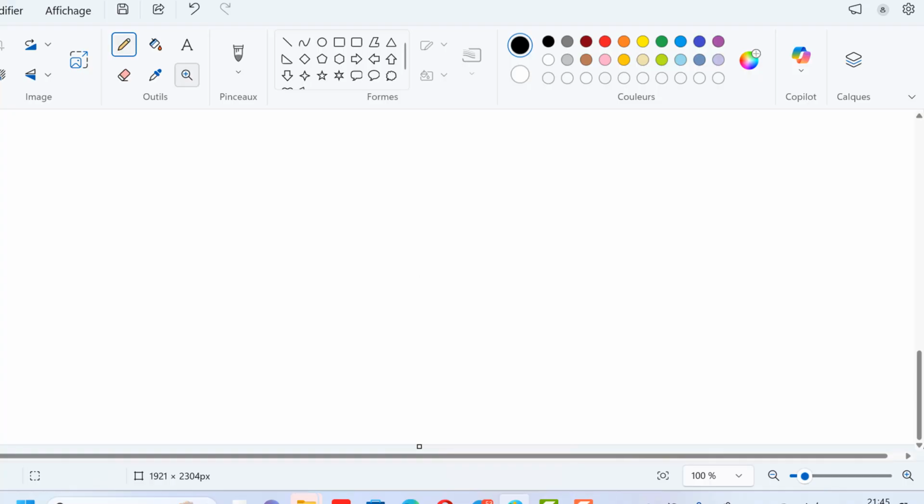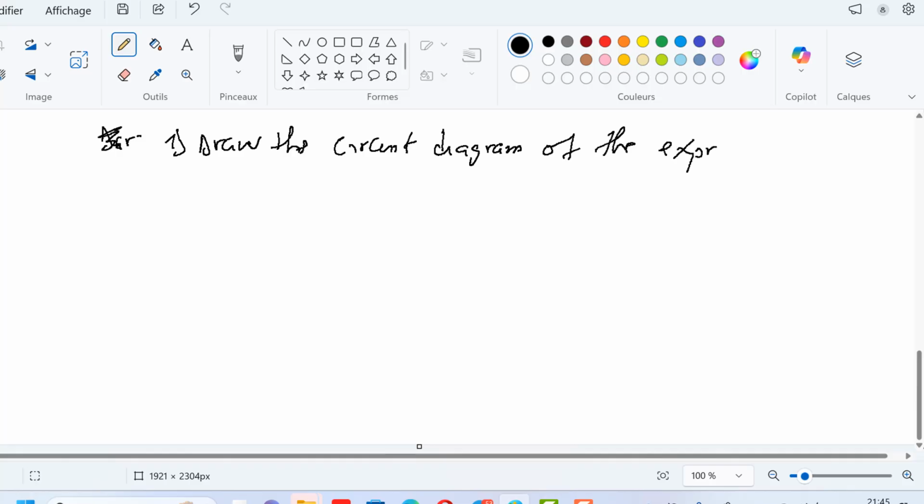So this equation here, equation 1, they say draw the circuit diagram of the expression.